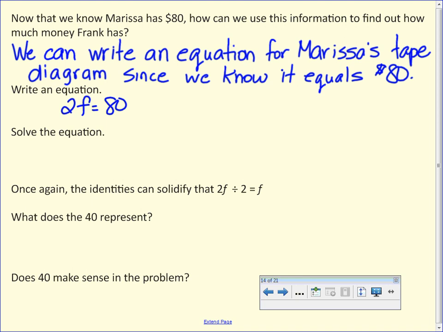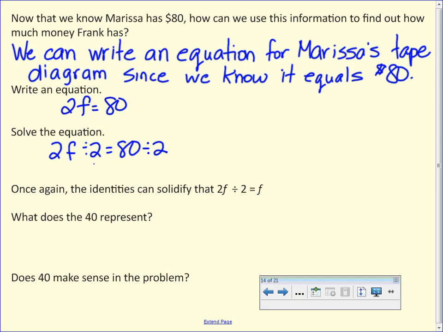Because we want it this way so we can solve it. Right now, what operation is there? So how am I going to solve that? I have to use the inverse. What's the inverse? Division. So what am I going to divide? Right, I'm going to divide both sides by 2. So we have 2F divided by 2 and 80 divided by 2.